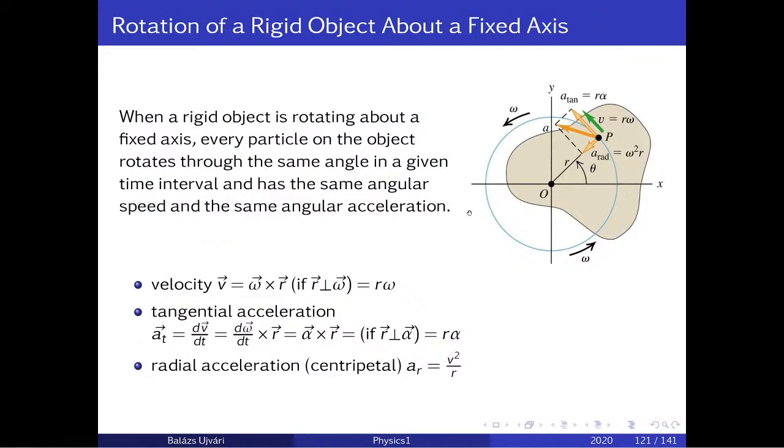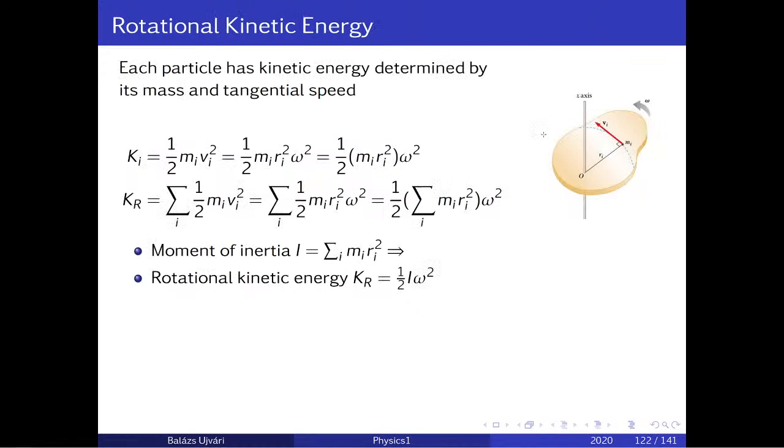But if we not only keep a body in a circular path, but also accelerate it, with a positive angular acceleration, there is another, tangential acceleration that depends on the angular acceleration times r. So the acceleration at this point P is the sum of the centripetal acceleration plus this tangential acceleration. That's still something we can understand.